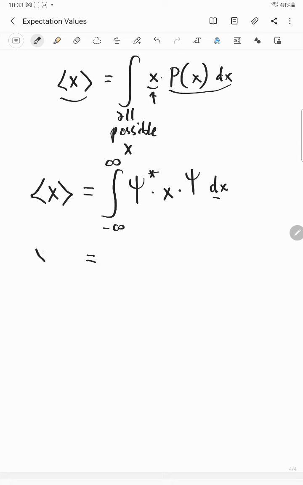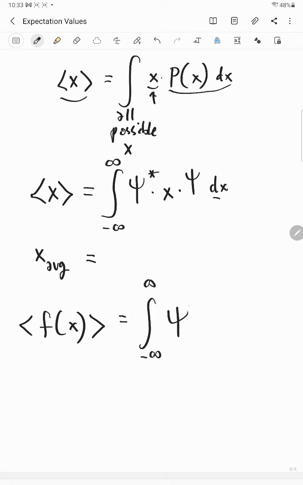Sometimes this is written as x sub average. And in fact, if you want to know the expectation value of any function of x, this is still the way you do it. You sandwich that function of x in between psi star and psi and finish out the integral.